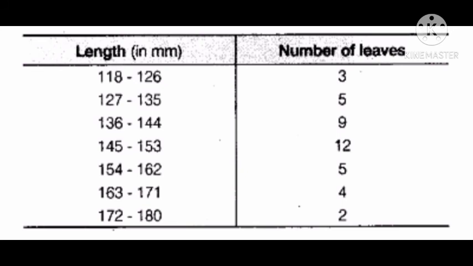There is no orderly arrangement because the upper limit of the first class is not the same as the lower limit of the next class. In this case, we can say the given class intervals are discontinuous. So we need to convert this discontinuous data into continuous data.